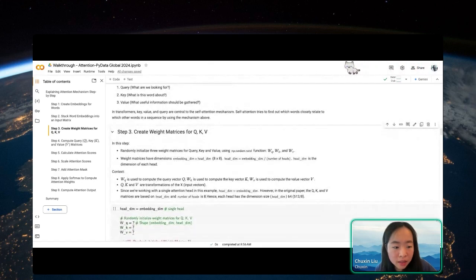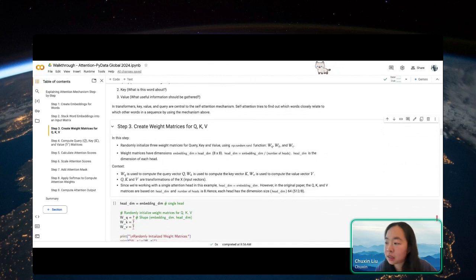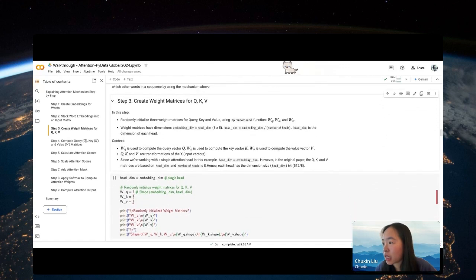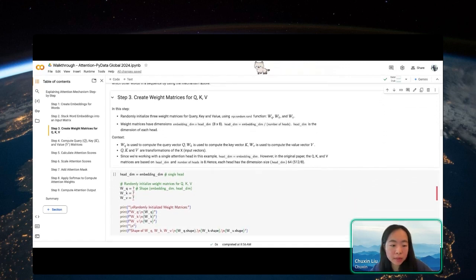So let's get started with step number 3. In this step, we will randomly initialize weight matrices for query, key, and value using NumPy's random.rand function again, but this time instead of a vector, we'll initialize random numbers for the matrix. These weight matrices have a dimension of embedding dimension by head dimension.